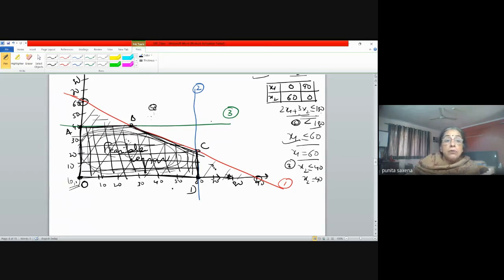Okay, now that means graphically हमने ये प्रूव कर दिया कहीं ना कहीं कि ये जो एक्सट्रीम पॉइंट्स है, एक्सट्रीम पॉइंट्स मतलब जो वर्टिसेस हैं इस फीजिबल रीजन के, हमारा जो बेसिक फीजिबल सोल्यूशन है, that will always exist at the extreme points of this feasible region.